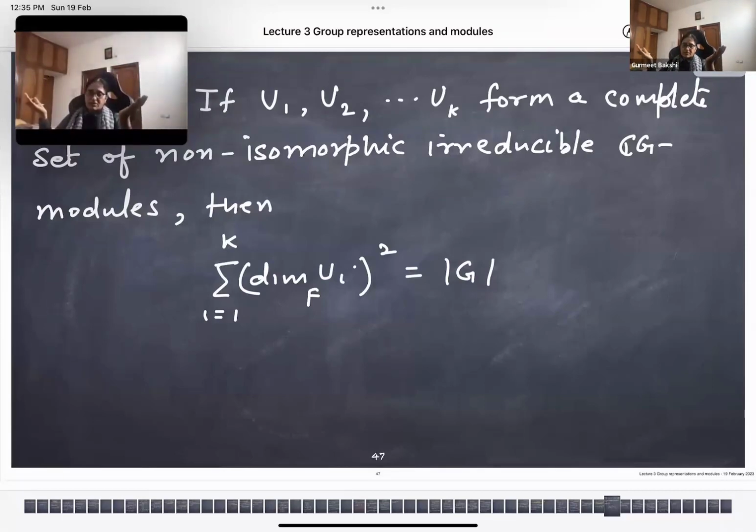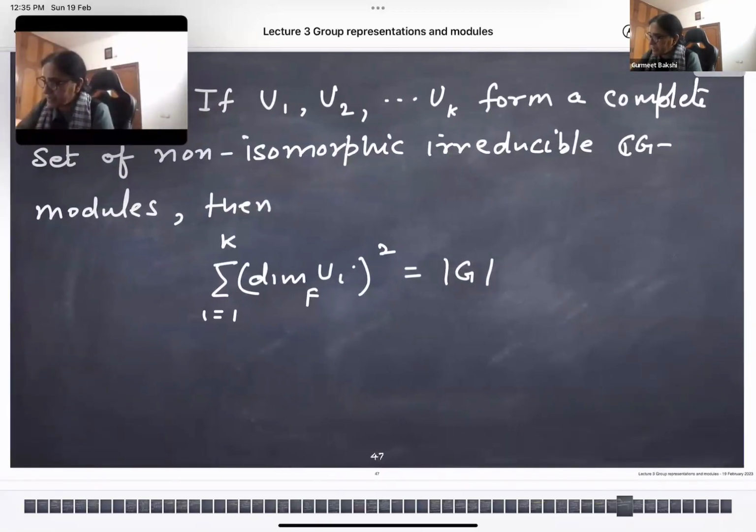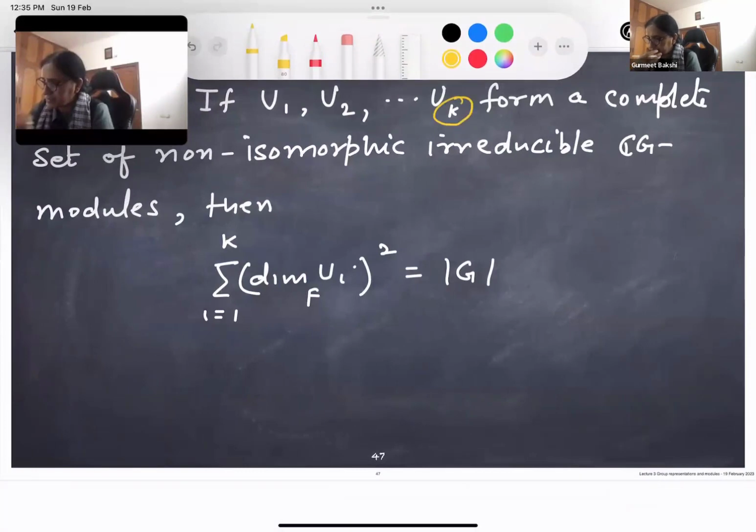You get irreducible representations from irreducible modules over CG, and equivalent representations correspond to isomorphic modules. So if I take a set of non-isomorphic irreducible CG modules, then the corresponding representations will be that. So if U1, U2, ..., Uk form a complete set of non-isomorphic irreducible CG modules, the first question is why should this be finitely many? I will also answer that question.